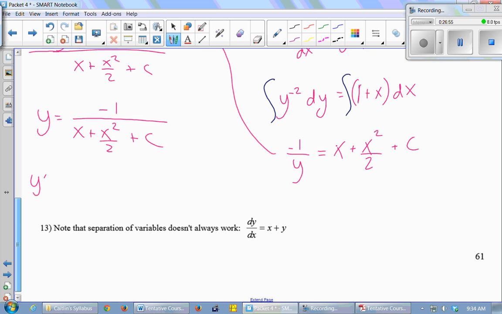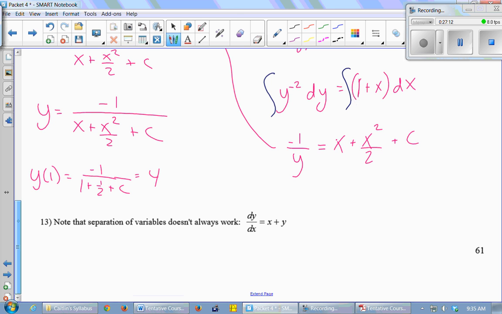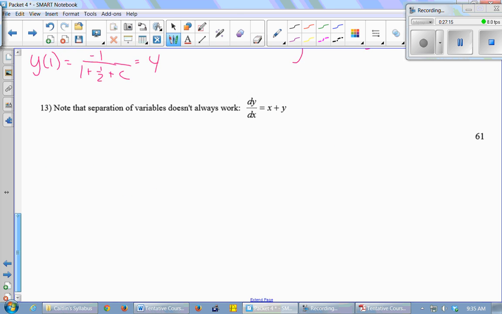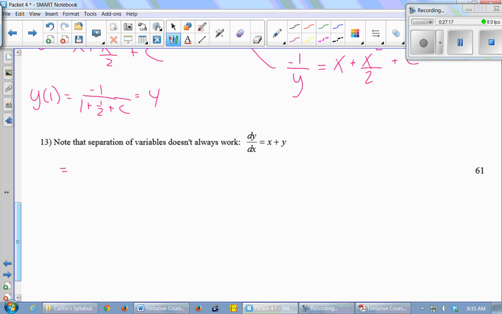So now I plug in a 1, and I get negative 1 over 1 plus a half plus c has to equal 4. And I'll just solve for the c. So this is negative 1 over 3 halves plus c equals 4. I'm going to multiply both sides by the denominator, and I get negative 1 equals 4 times 3 halves plus c.